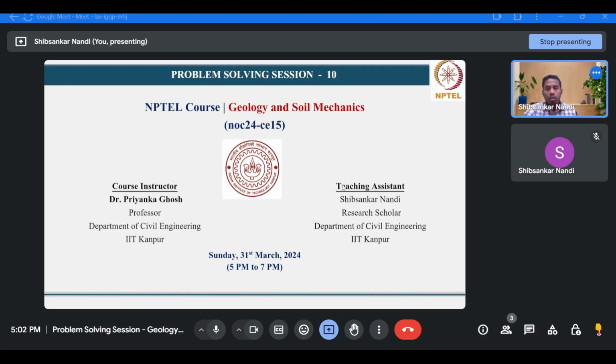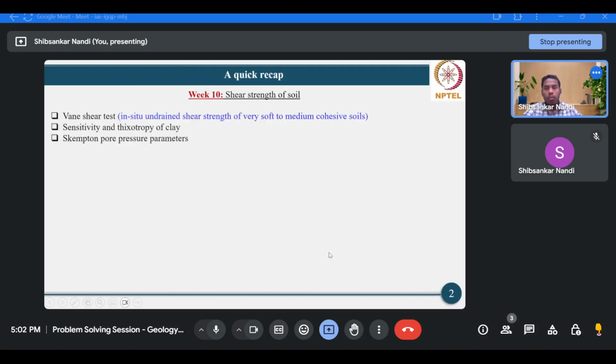So as you know, this week we have proceeded further and learned about the vane shear test, which is a very important test for the determination of in situ undrained shear strength of very soft to medium cohesive soils.